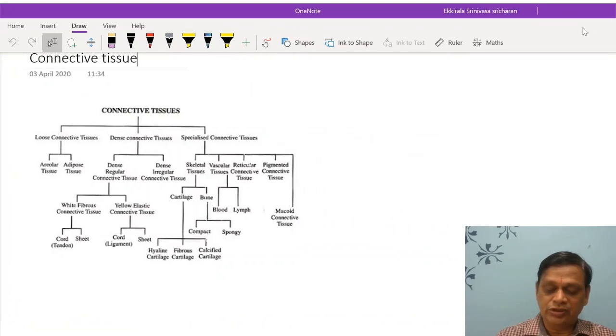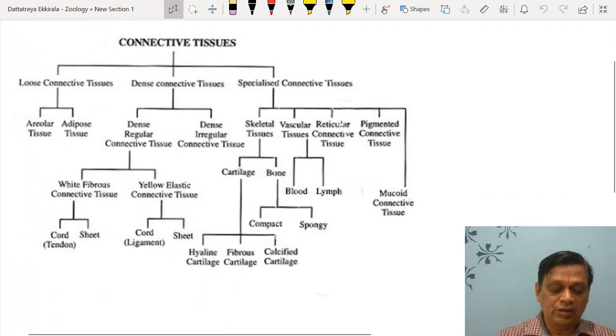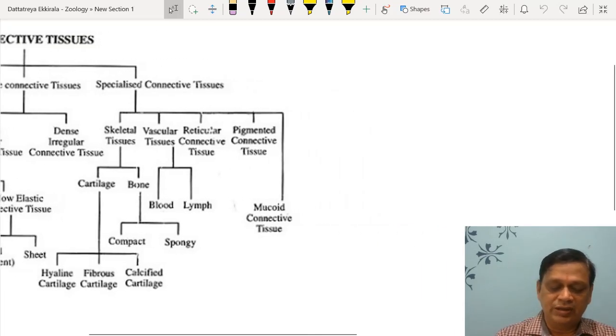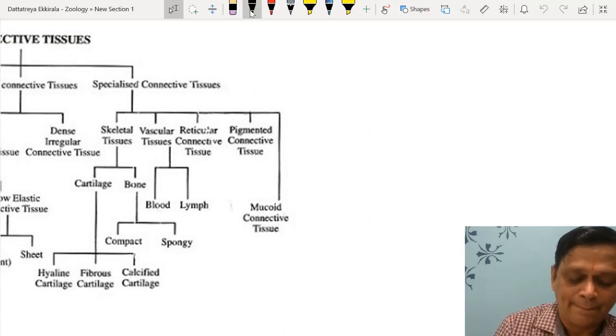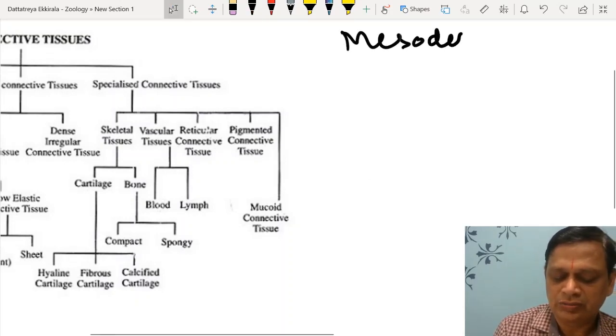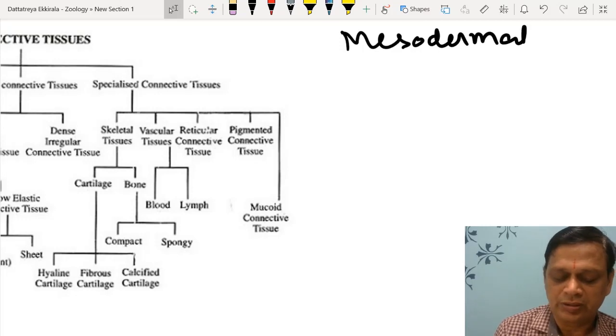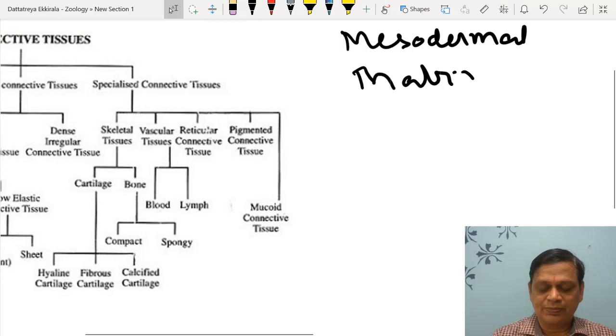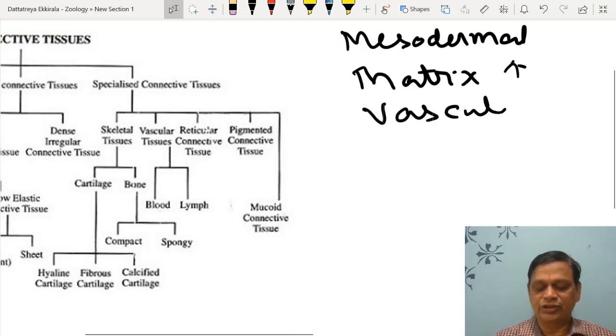Connective tissue arises from mesoderm. So here the important characters are: mesodermal in origin, more amount of matrix is present, and mostly vascular except cartilage.